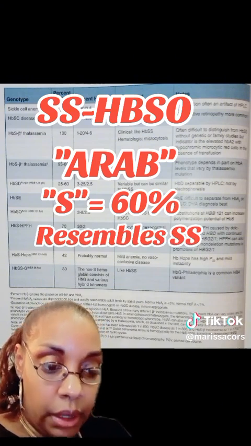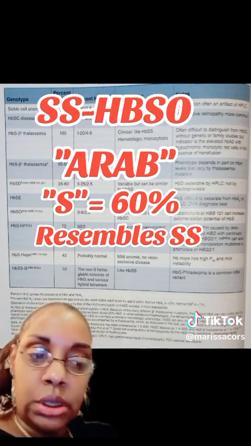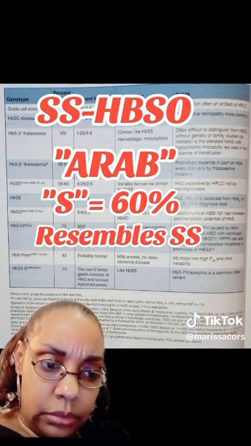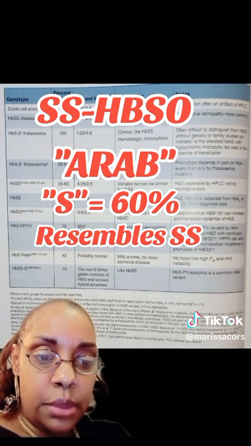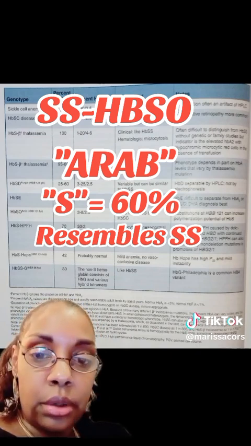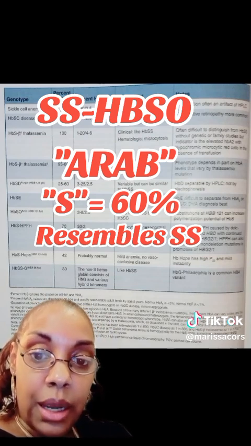And this is because there are certain substitutions that can increase the polymerization potential of the hemoglobin S.